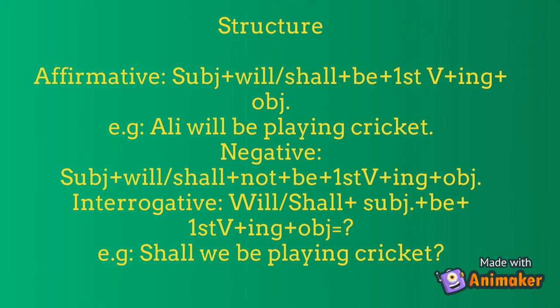After that, first form of verb with ing, that is present participle, and then we have the object. Ali will not be playing cricket. We shall not be playing cricket. I shall not be playing cricket. So this is the difference in these sentences.